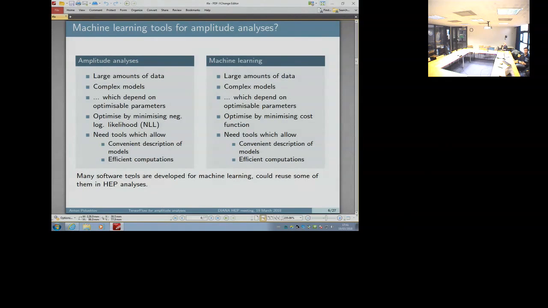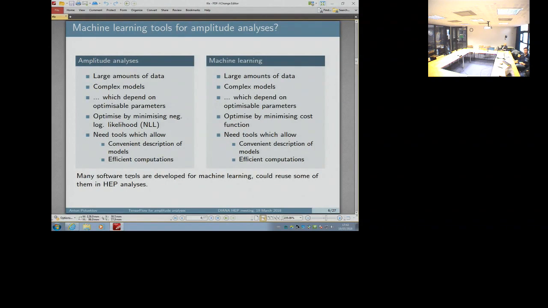So we have to be able to describe complex models to fit to this data, which depend on some optimizable parameters like weights and biases for neural networks, or the amplitudes and masses and widths for our amplitudes. So we optimize by minimizing some function, which is called the cost function for machine learning, and negative log likelihood in our analysis.